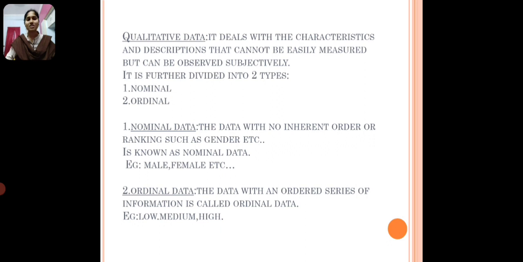Ordinal data is low, medium, high. Low, medium, high has an order, whereas male, female doesn't have any order to it. So we can easily notice the difference between nominal and ordinal data. Ordinal data is generally an ordered series of information.